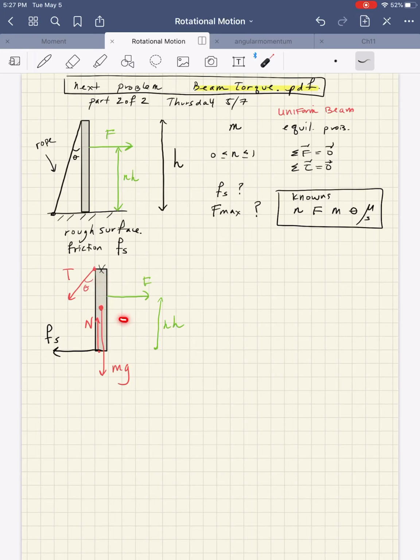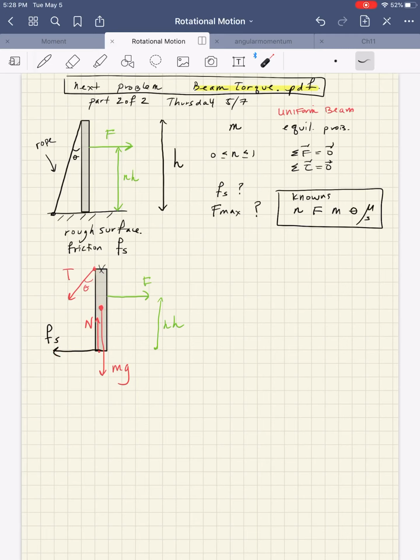F will contribute, causing a rotation this way with respect to the axis. The normal force will not contribute because there is no perpendicular component of the force. And same with gravity. There's no perpendicular component of the force to the r vector. So that leaves only the force of static friction, which causes a rotation this way, to counteract the torque, which causes a rotation this way from F. Because with this choice, these 3 forces do not contribute. And so the force of static friction has to act this way for the sum of torques to be 0.